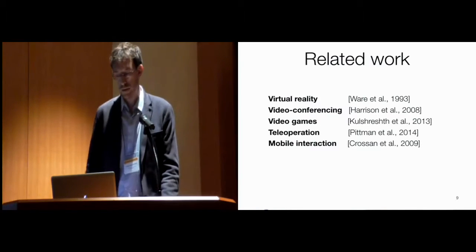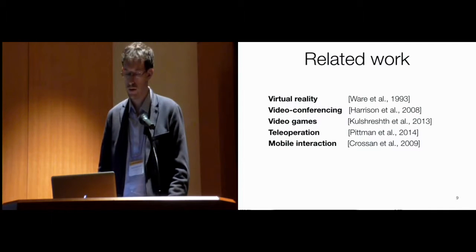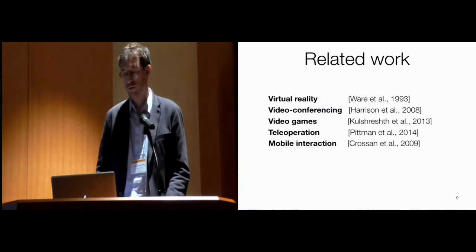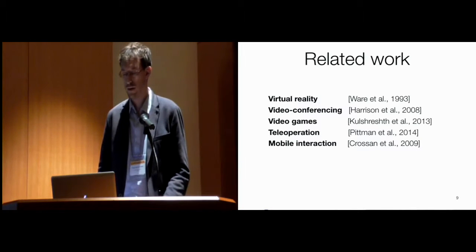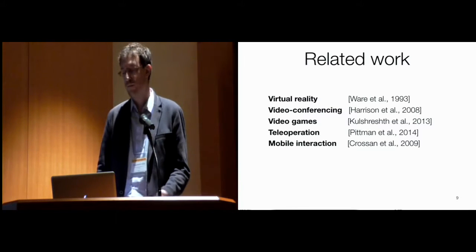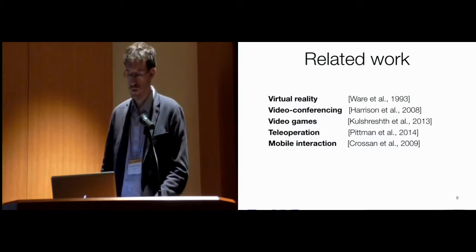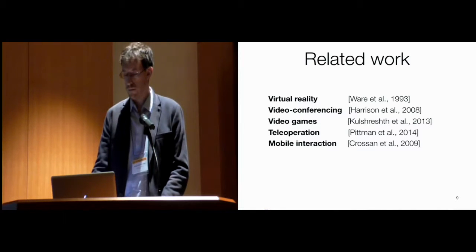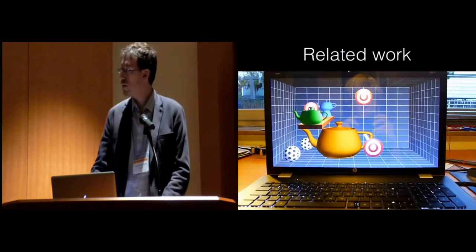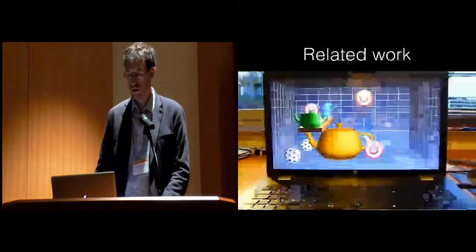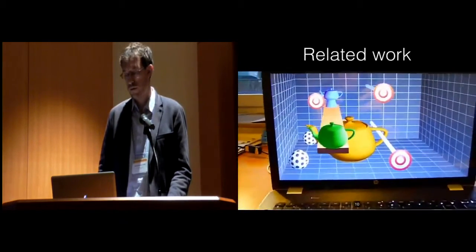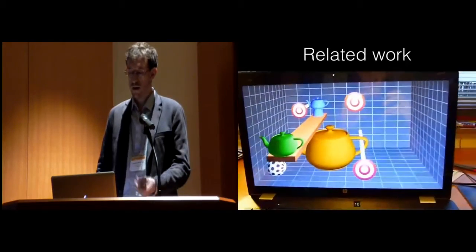There has been some work on this. There's been work using the head in many different domains, such as virtual reality, video conferencing, video games, drone control, and also mobile interaction. Here is an example of head-coupled perspective, which solves the issue we had before with depth perception.